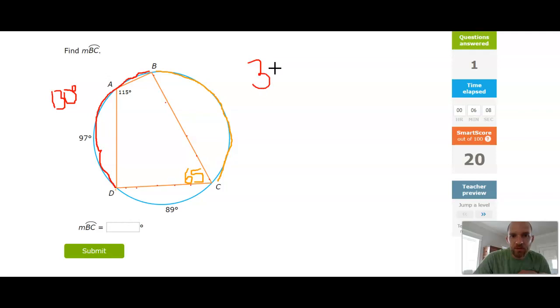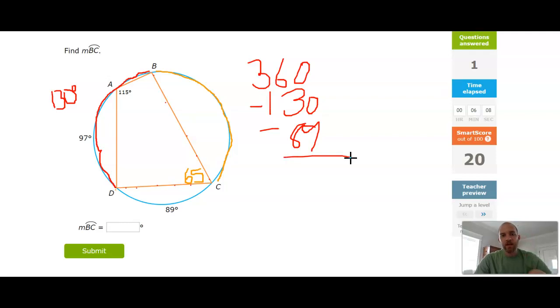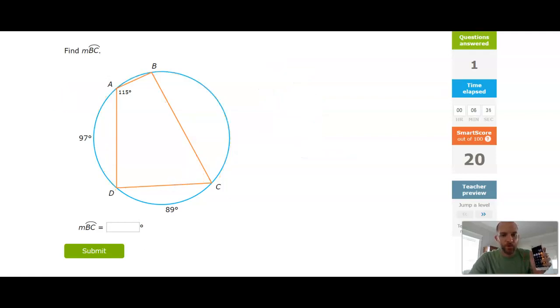So what you could do is say 360 degrees is the whole arc length for our entire circle, and then I'm going to subtract out the 130, and I'm also going to subtract the 89. Forgive my scratchy writing with the mouse. If we type this into our calculators, 360 minus 130 minus 89 degrees, that's going to give us 141 degrees.